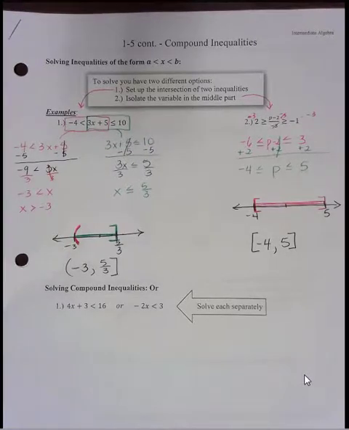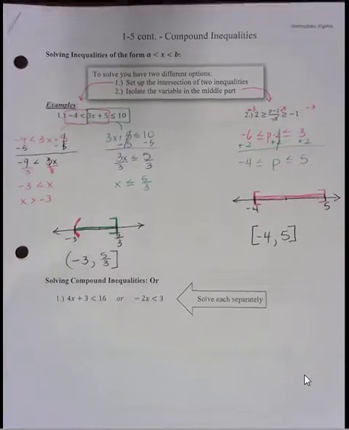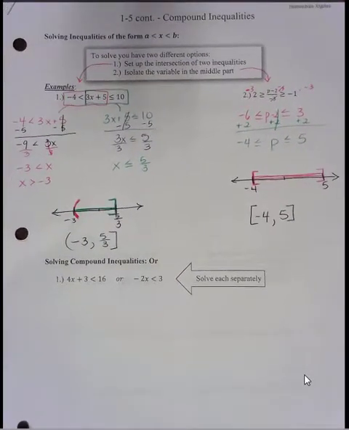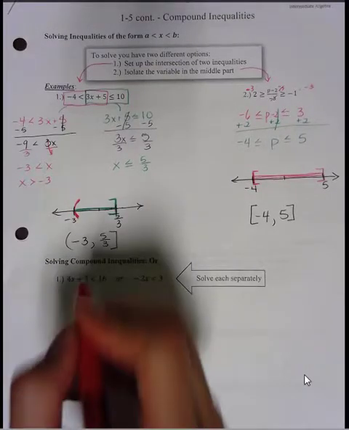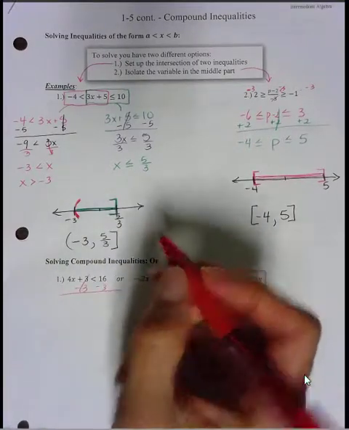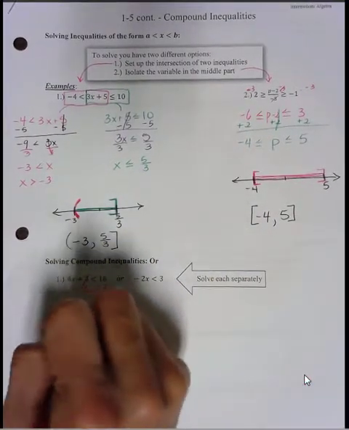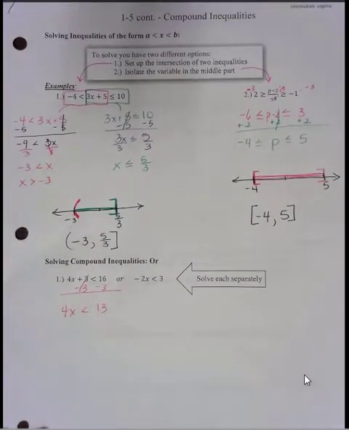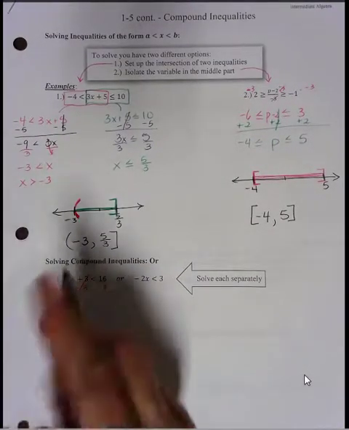And now we're going to take a look at an or inequality. The ors are very straightforward because you really only have one option for those, which is to solve them separately. So first we'll deal with this one on this side. And so I have 4x is less than 13, and then we'll go ahead and divide each side by 4.